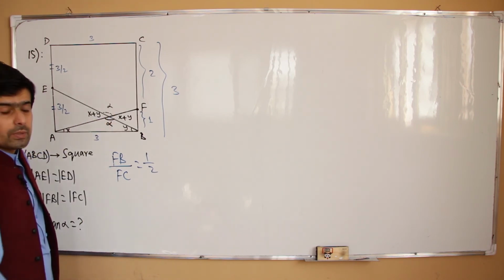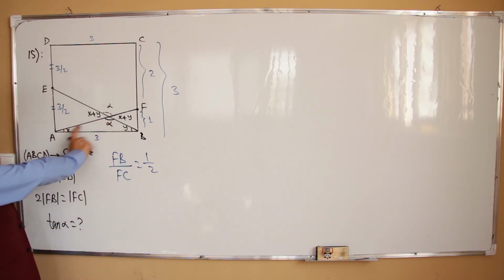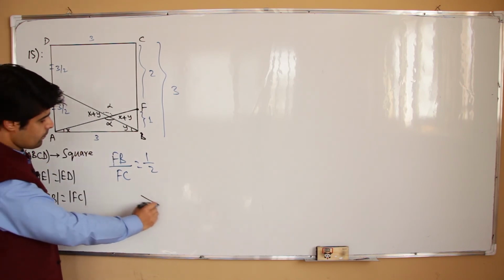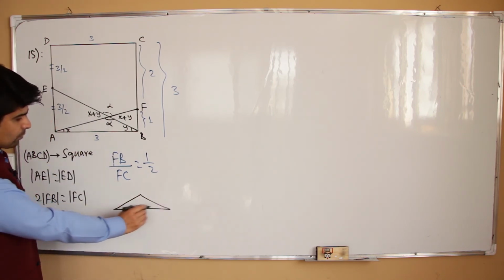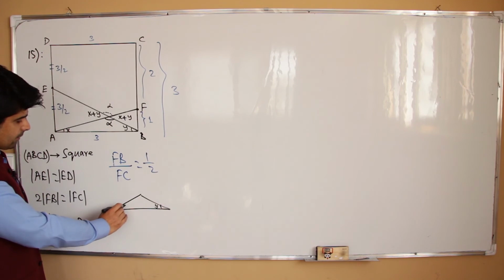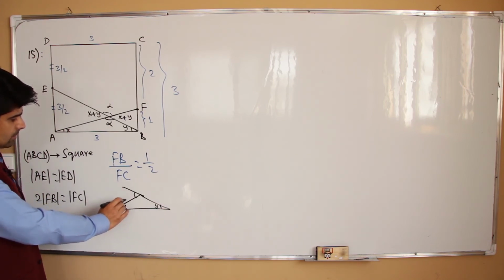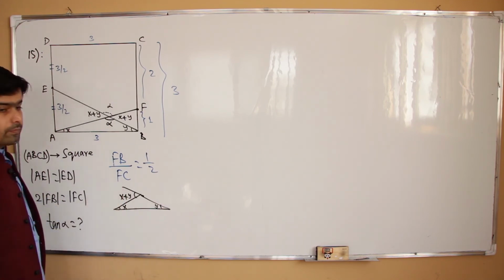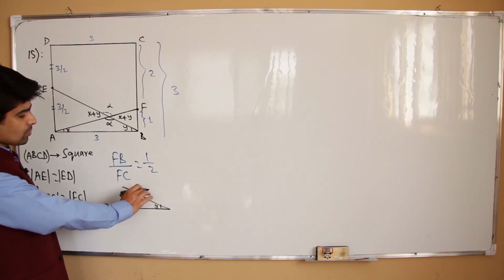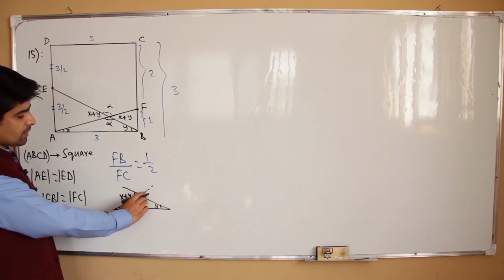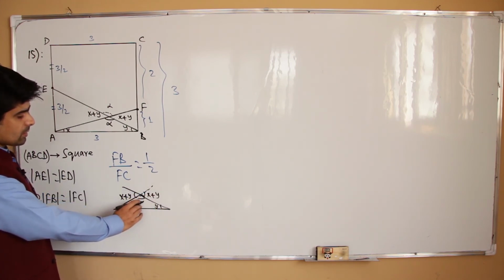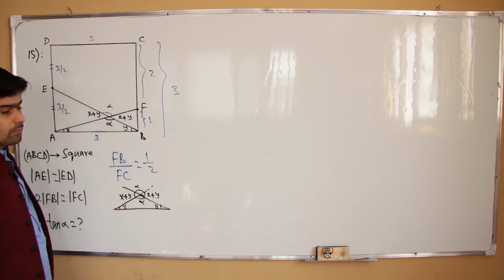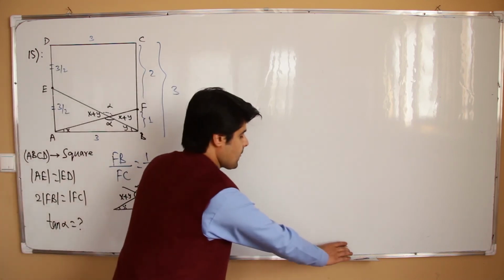Listen to me here. We have y, we have x, this angle is x plus y. This angle is also the summation of these two angles, x plus y. Since this one is alpha, this is also alpha. Am I right? Yes.